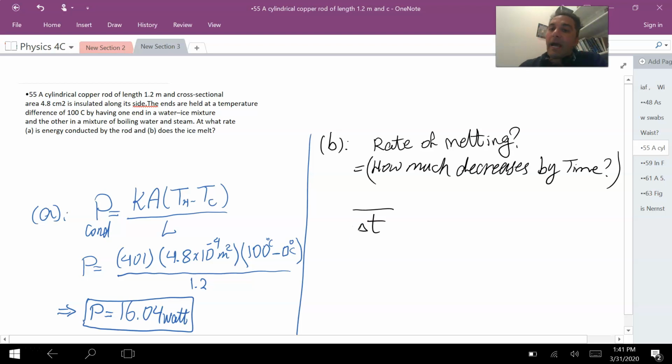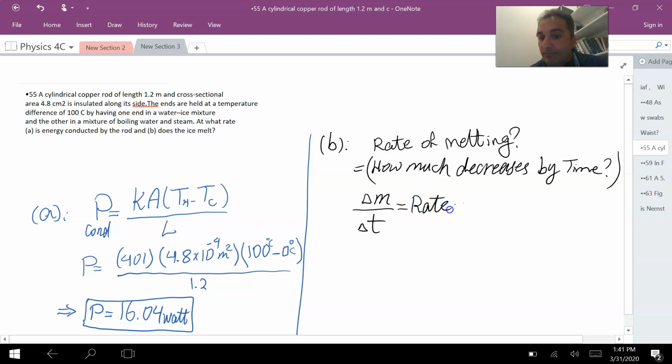But how much? So when ice gets melted, in reality its mass changes, correct? That's how much ice gets melted. So time by time its mass changes. So this means rate of melting.